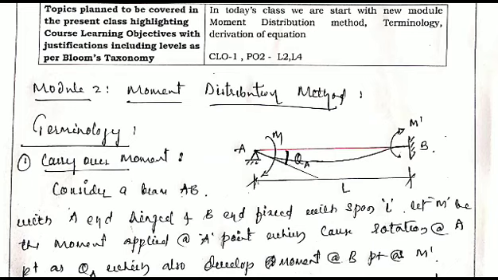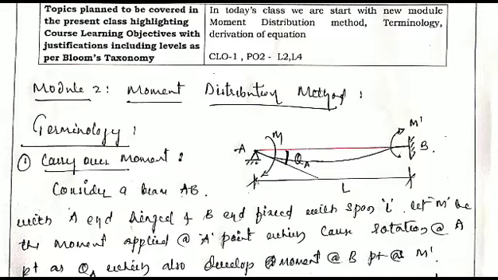This moment distribution method, the second model, deals with the analysis of continuous beams as well as rigid frames. When the unknowns are relatively more, this method becomes easier than the slope deflection.